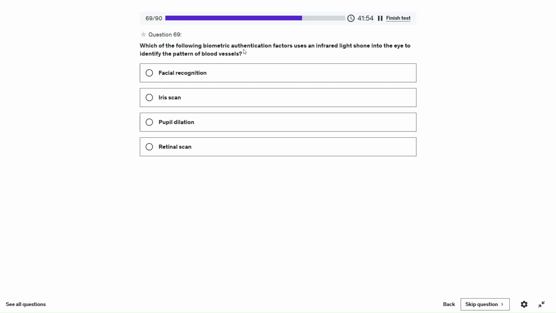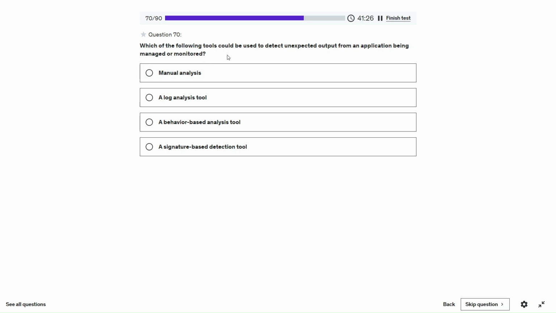Which of the following biometric authentication factors uses infrared light shone into the eye to identify the pattern of blood vessels? It's always retina scan. Retina scan actually uses your blood vessels, or the health of your blood vessels, for biometrics.